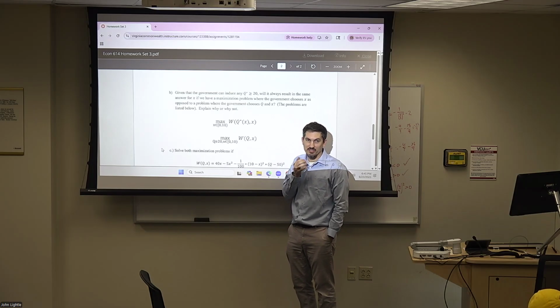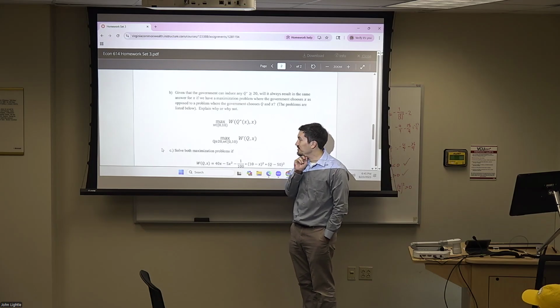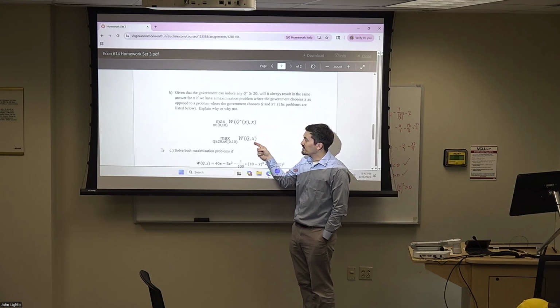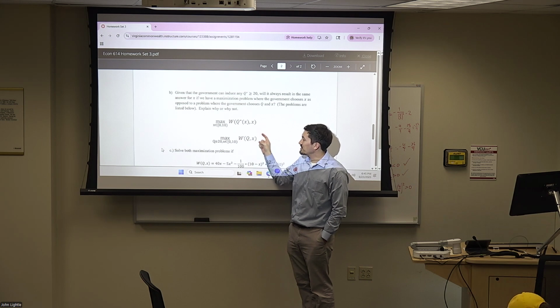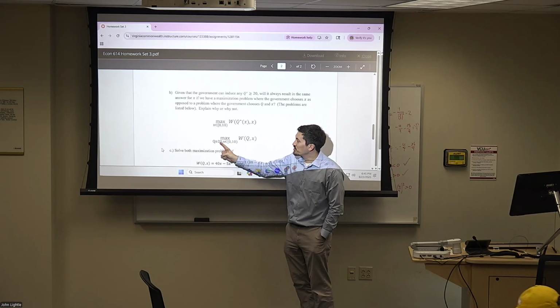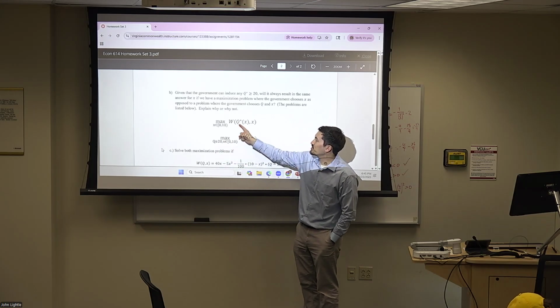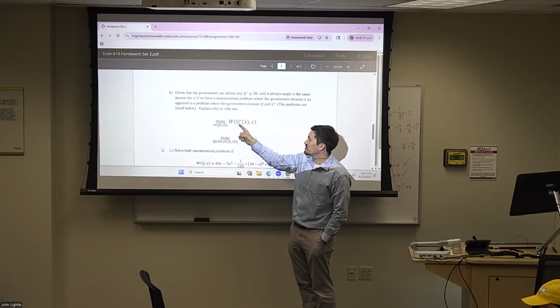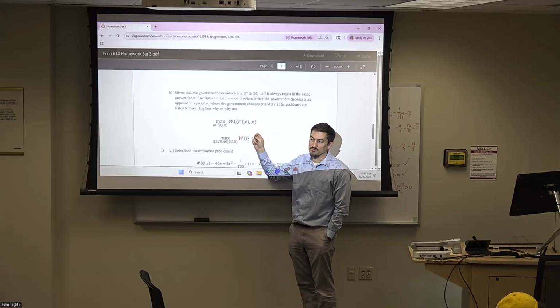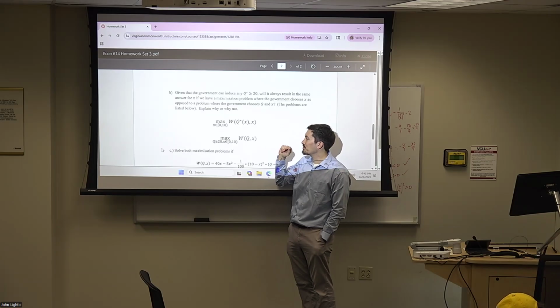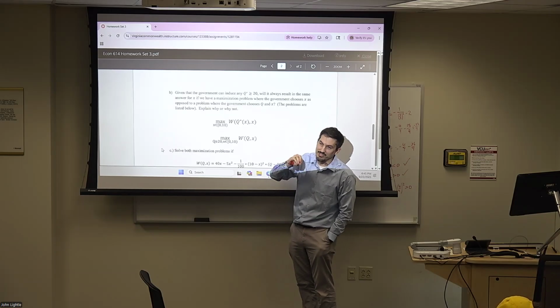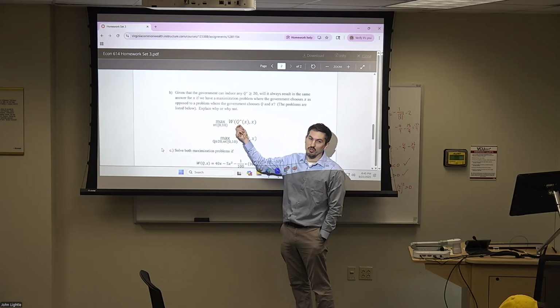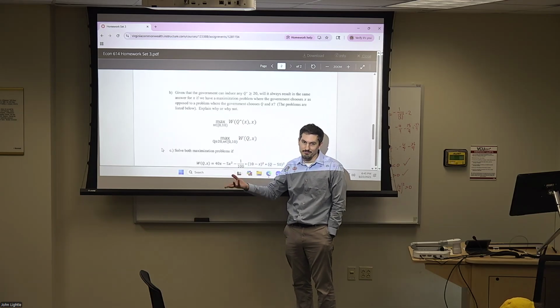It's kind of an odd question to ask on a quiz, but the only difference between this and this is whether the person gets to choose Q or whether the person just allows Q to be the profit maximizing choice of Q given X. And you think of the person choosing X as a policymaker and the person choosing Q as a profit maximizing business firm.